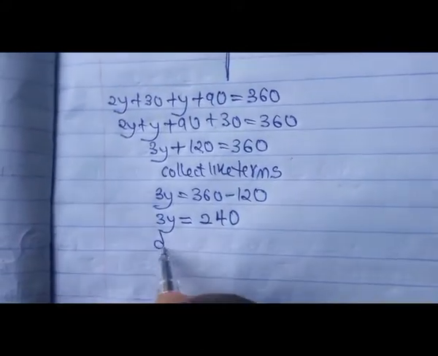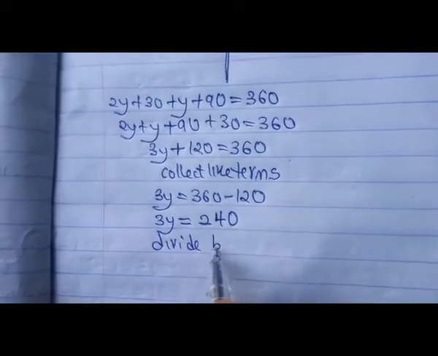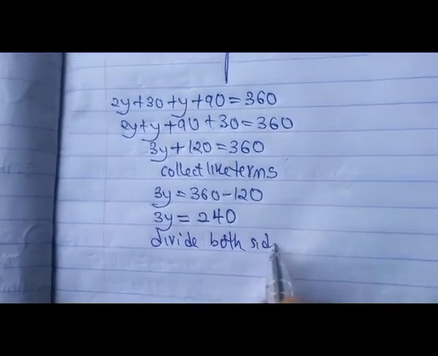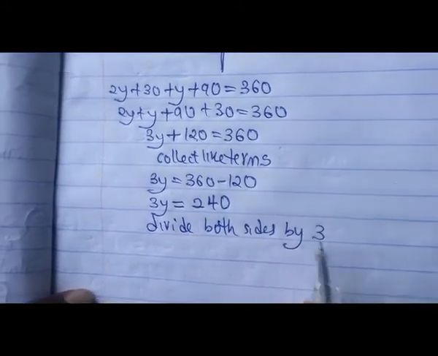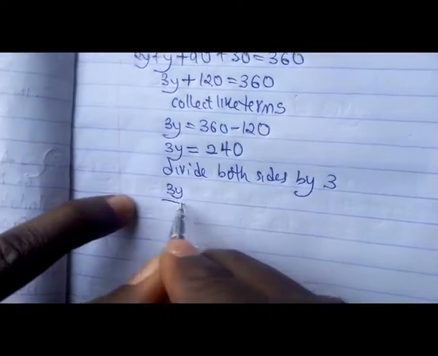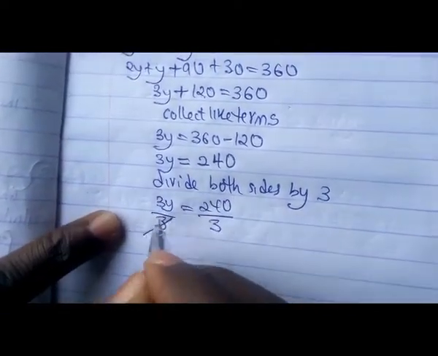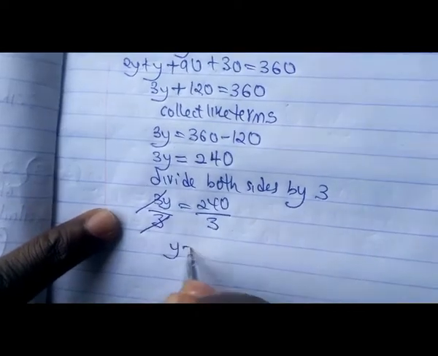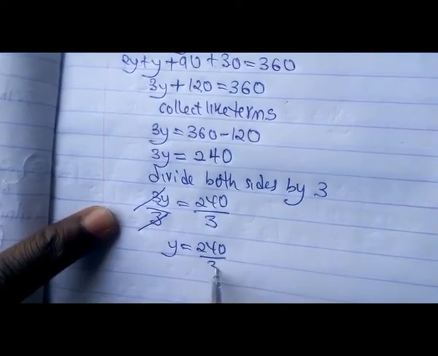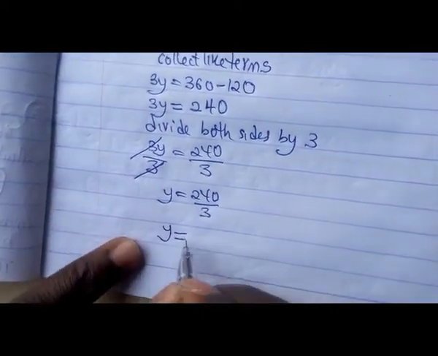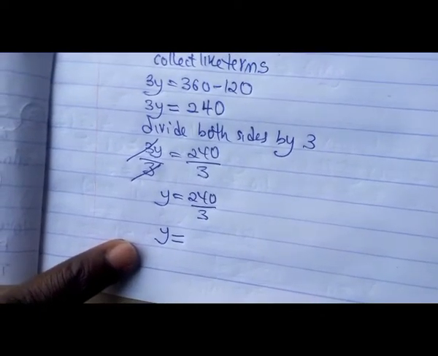Then we divide both sides by 3. It becomes 3y over 3 equals 240 over 3. 3 cancels 3. Therefore, y equals 240 over 3.